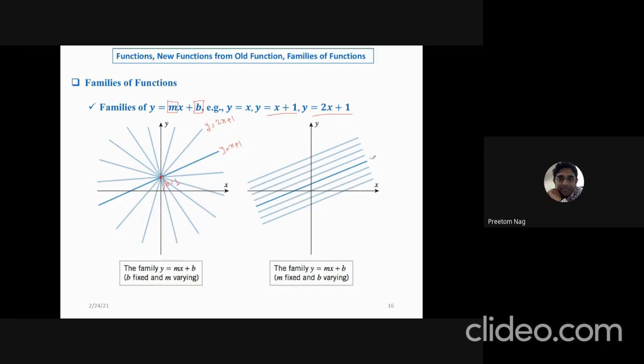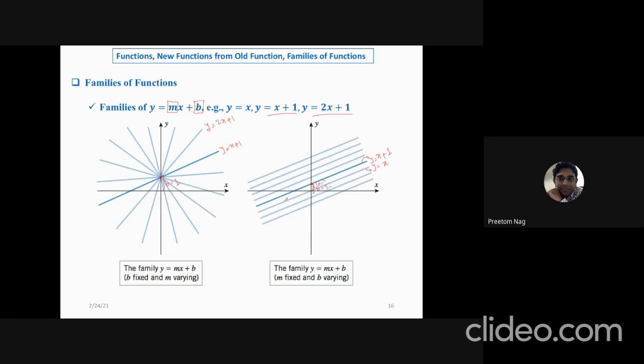For example, if I consider this straight line is y equals x, which is passing through the origin, then I can consider this straight line will be y equals x plus some number, let's say 1. So this straight line will then cross the y axis at the point 0, 1, and this y-intercept will be 1, b equals 1 here.